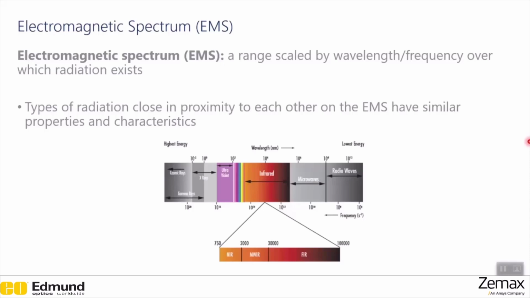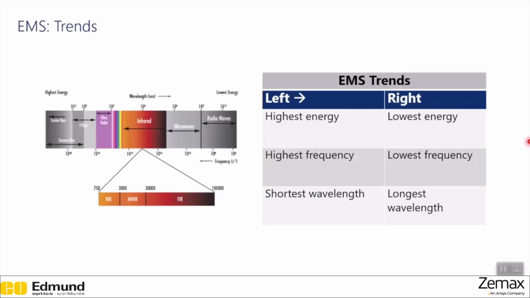It's helpful to be familiar with the electromagnetic spectrum, or the EMS, which is a range scaled by wavelength or frequency over which radiation exists. Different types of radiation close in proximity to each other on the EMS have similar properties and characteristics. Just to highlight some simple trends in the EMS, going from left to right, we have the highest energy to the lowest energy.